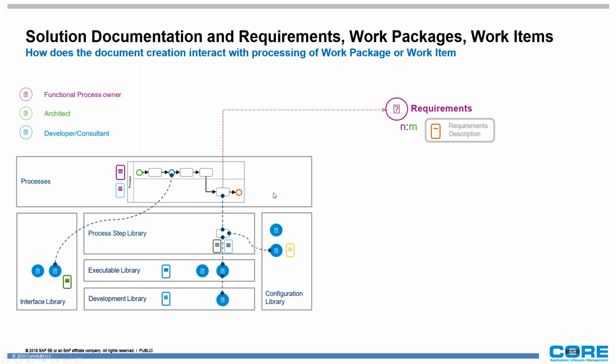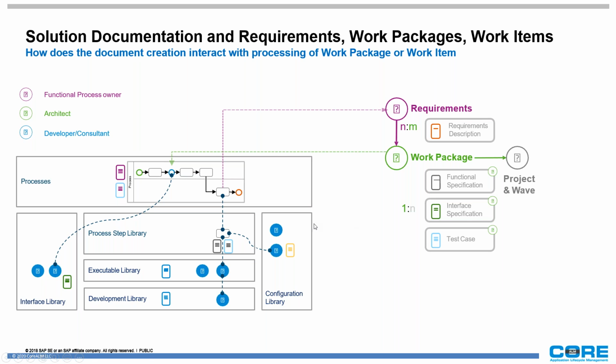As soon as we identify a process that needs to be modified, either a gap or a fit, at that point we create a requirement directly within that process so it links it. Now this process can have different types of documentation. All of the documentation related to this process is going to be attached directly here. That includes your functional specs, technical specs, your test cases, and obviously any other related documentation.